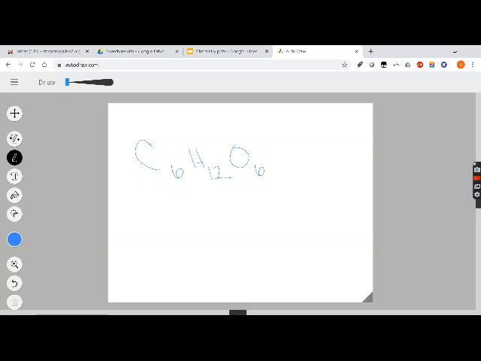Well, this is a subscript number, this is a subscript number, and this is a subscript number. All these subscript numbers tell us how many atoms of the certain element they go with. Look, the element goes first, and then the subscript number goes second.